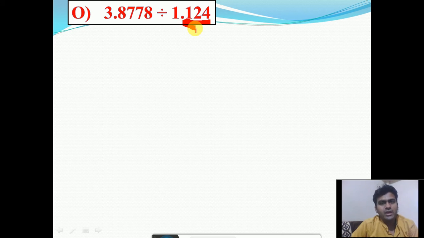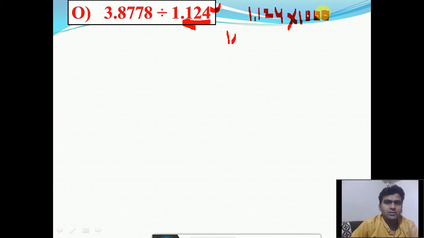So we will multiply the divisor 1.124 by 1000, because the decimal point is placed after 3 places from the right. So the decimal point moves 3 places to the right.